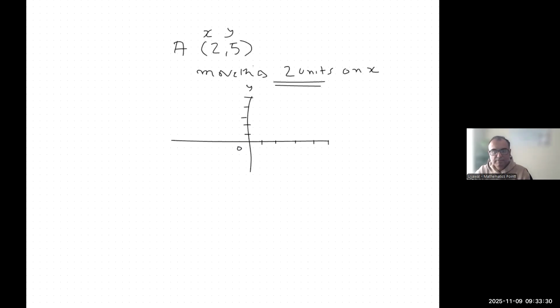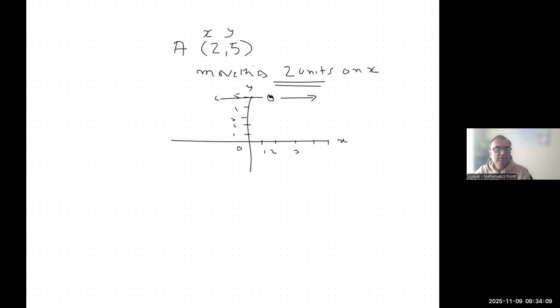This is x. Now, where am I? 2, comma 5. I am here. That's my point. I said I have moved it 2 units on the x. Now I could have gone here. I could have gone here. No one really bothered to ask me. So on the Cartesian plane, it is very important.